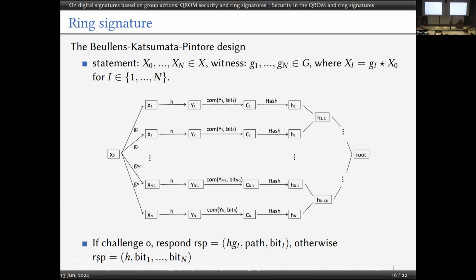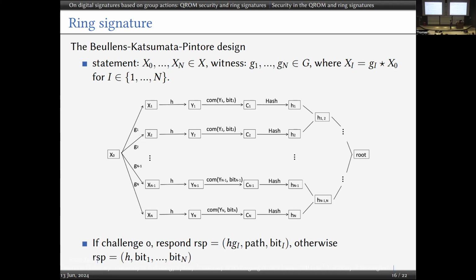If we have h and g_i, starting from x0, we can get y_i. With the bit b_i, we can get c_i. Then the path is the authentication path in the Merkle tree, so we can get the root.